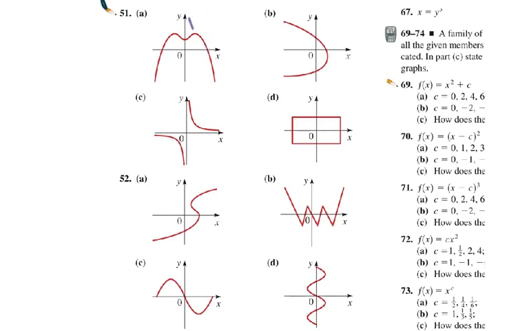So A is a function. B, if I put my vertical line here, I want you to notice that I hit the curve here and here. The reason it's not a function is because a function is defined to have one input having one output. You can't have two outputs for the same input. So this is not a function.